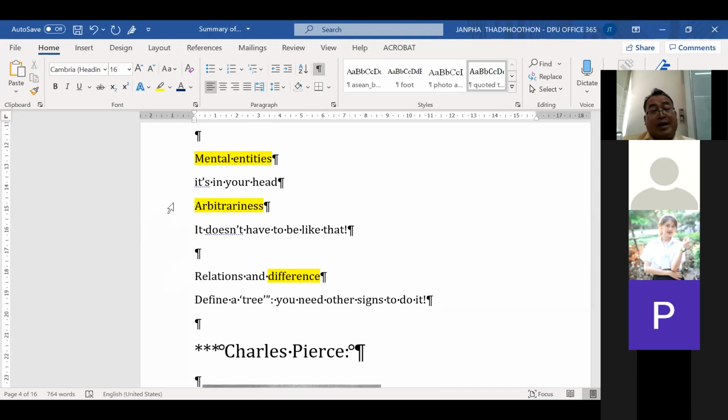So what do we mean by arbitrariness? Arbitrary means the relationship between the signifier and the signified is somewhat arbitrary.